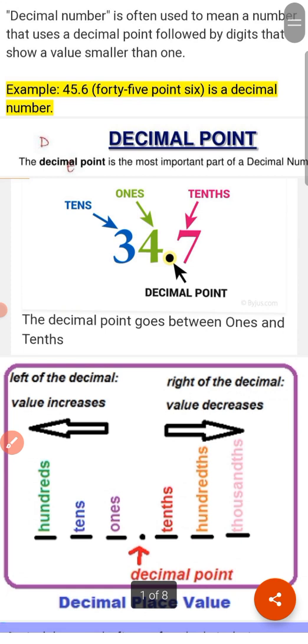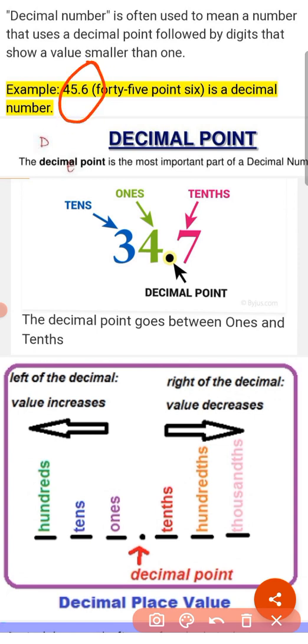Children, today you learned about the decimal number. It is often used to mean a number that uses a decimal point followed by digits that show a value smaller than 1. That is, the digits after the decimal point have a value smaller than 1. These are examples of decimal numbers. Read them as 45.6, 34.7.